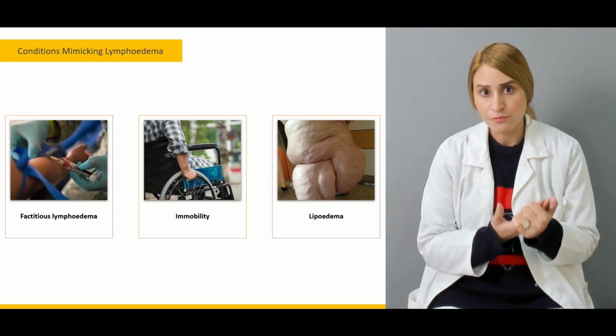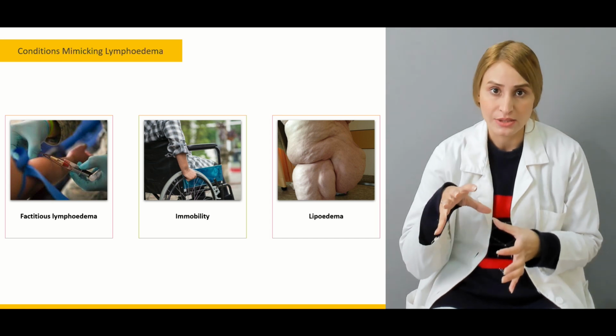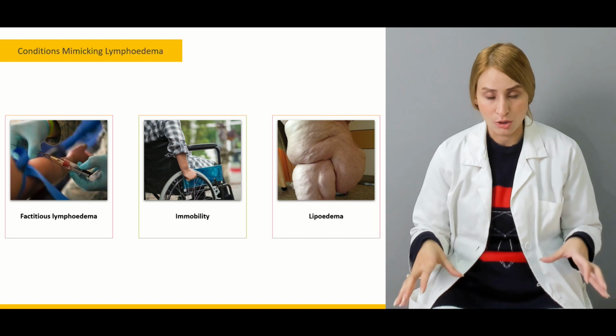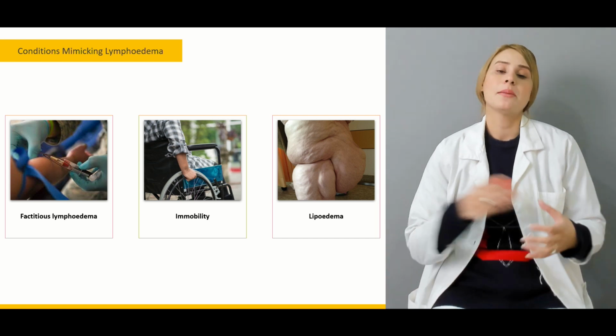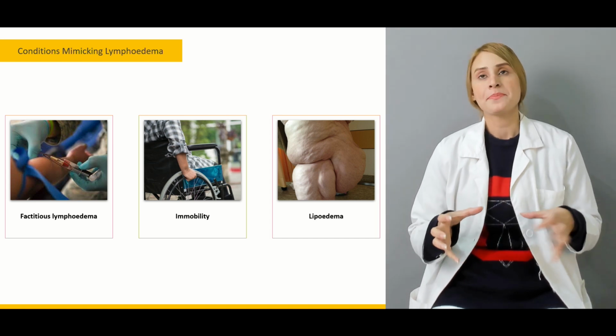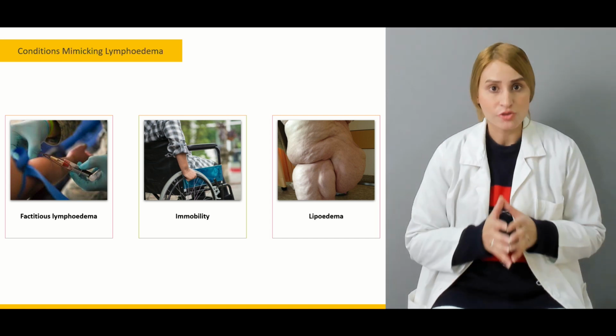In case of lymphedema, the usual involvement is that the swelling would be restricted to the foot, or the lower limb, or the lower legs. But most commonly, in case of lipoedema, there would be swelling of the thighs, or swelling of the trunk.